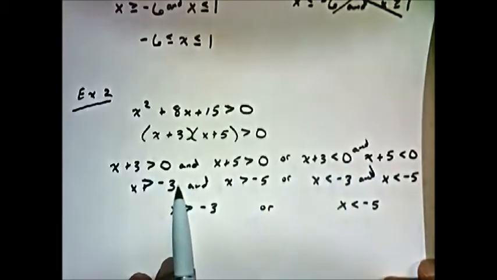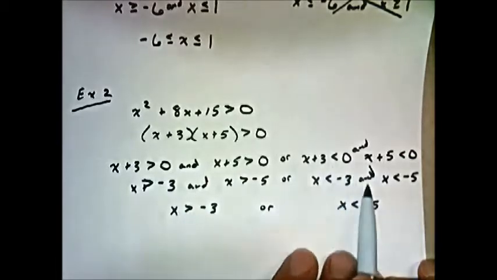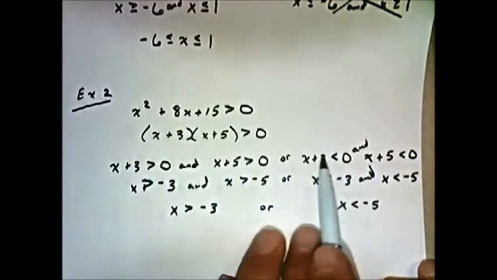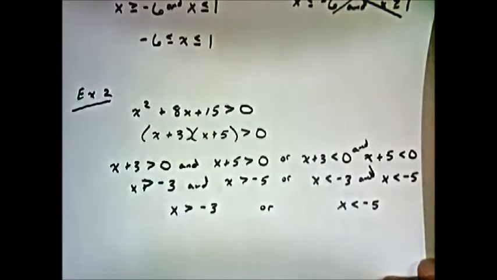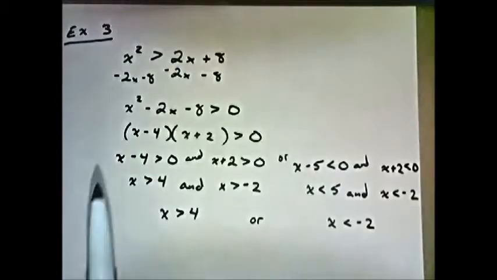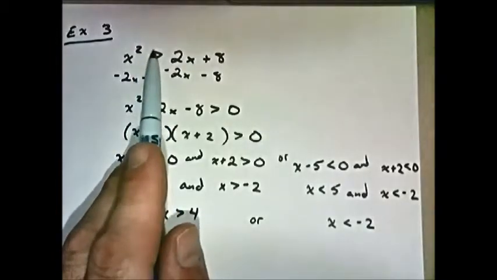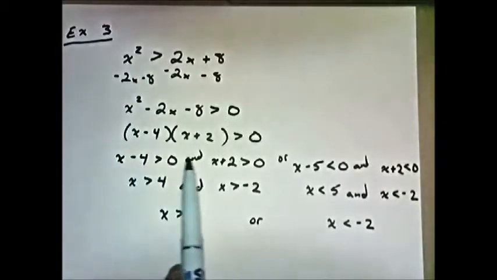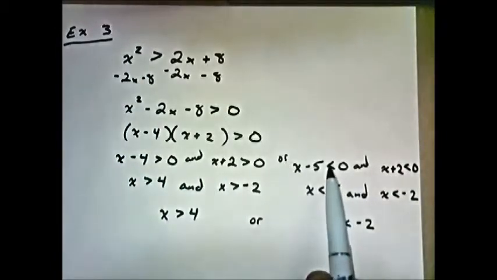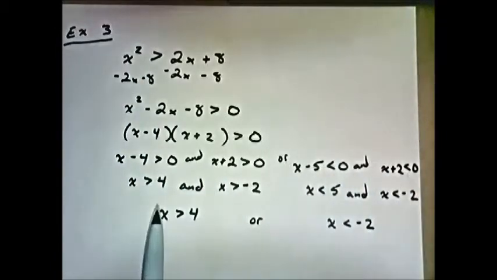In this case, one solution came from each part of our compound inequality, the OR statement. Again, in our last example, we had a greater than, so they were both positive or they were both negative. We came up with one solution because these are going to overlap each other. And that is solving quadratic inequalities.